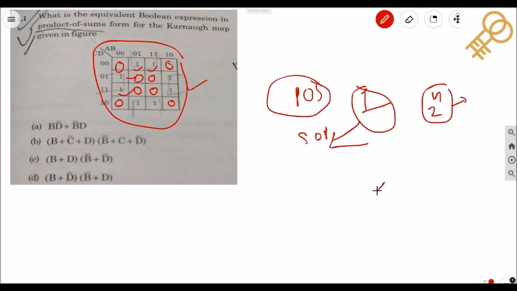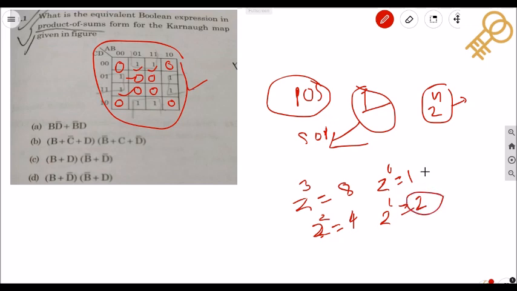So see, what will be the possibilities? 2 to the power 0 means 1, 2 to the power 1 means 2, 2 to the power 3 means 8, and 2 to the power 2 means 4, right? So the elements can be combined only in groups of 1, 2, 4, 8 and so on.